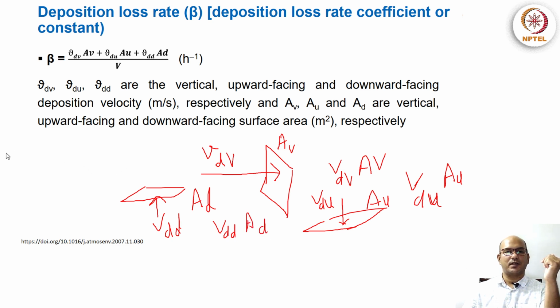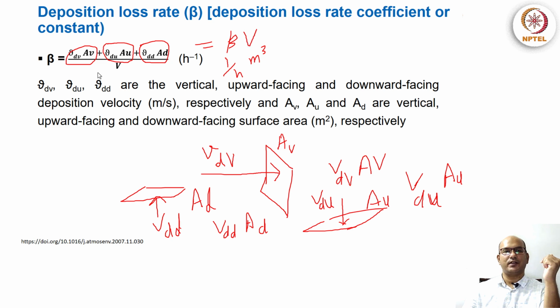So here the flux is VdD times AD. So total flux becomes VdV times AV plus VdU times AU plus VdD times AD, and this is equal to a rate coefficient or a rate constant multiplied by the volume. So the units are 1 per hour, and this will be meter cube.